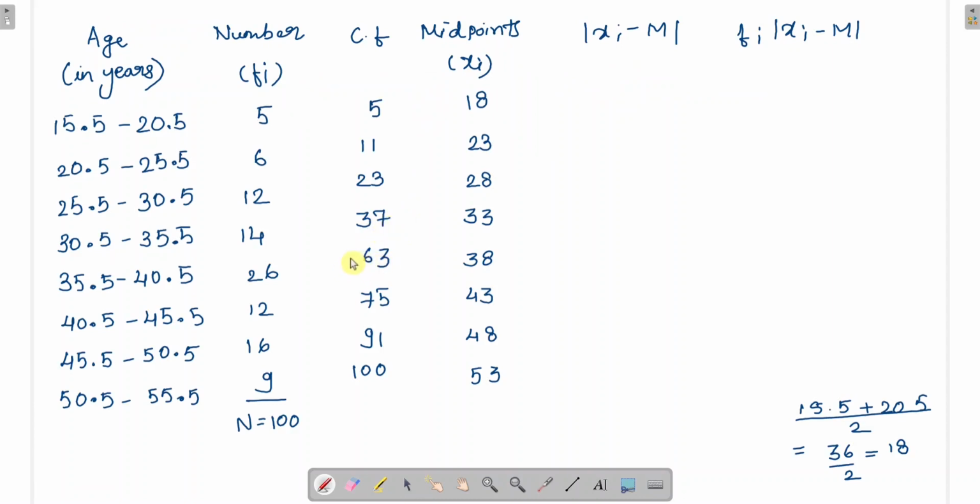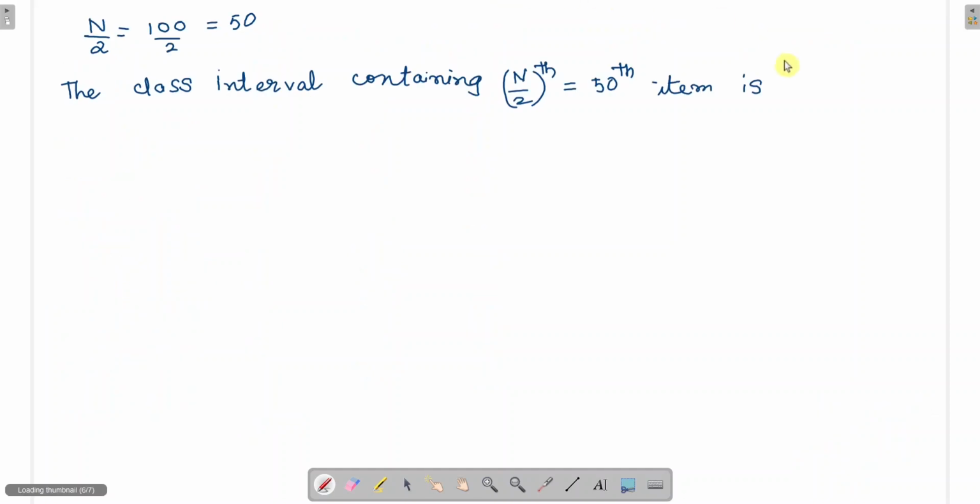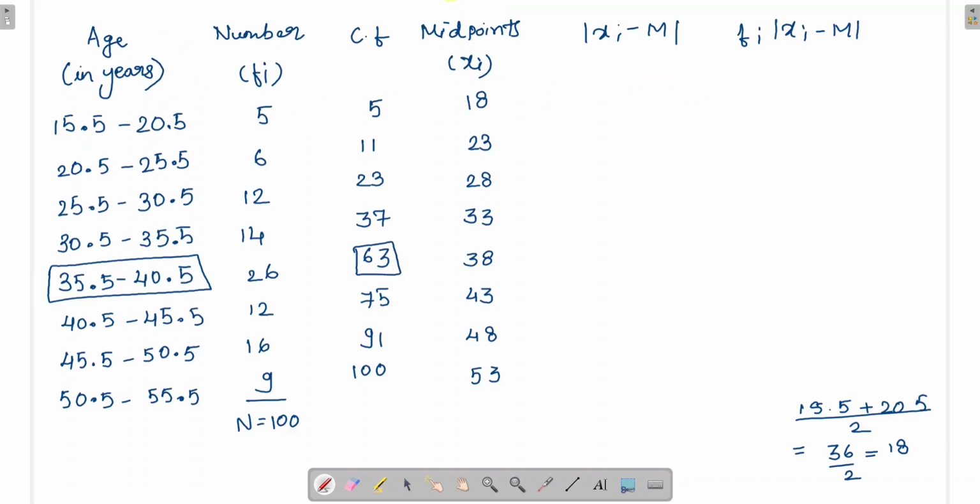So I have to take the greater of the two, so that is 63. So the median class will be this 35.5 to 40.5.